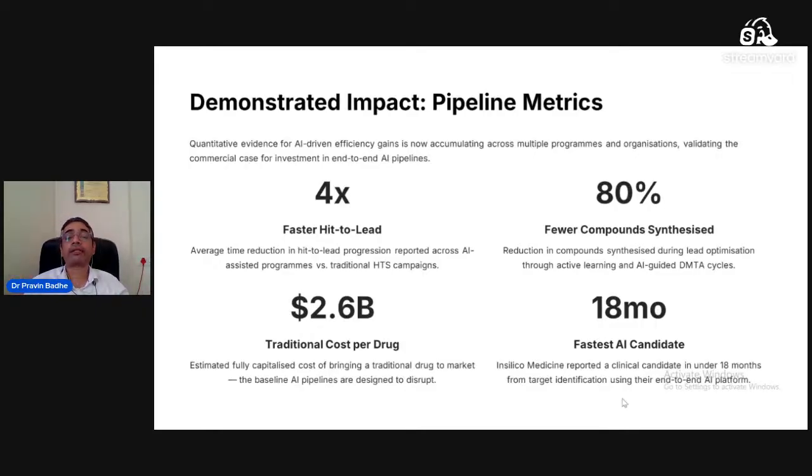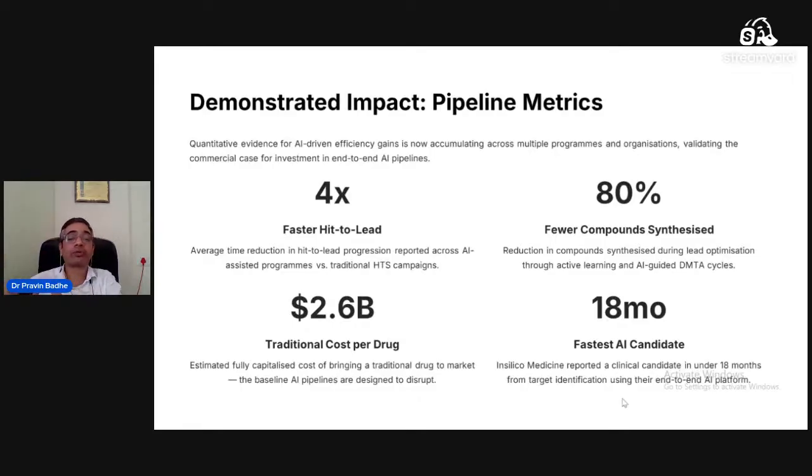Due to that, the lead which we are studying moves into the second stage, where you will be looking into the synthesis process, which I told you, the DMTA cycle. That is reducing 80% of the molecules which are not going to move into in vivo or clinical.